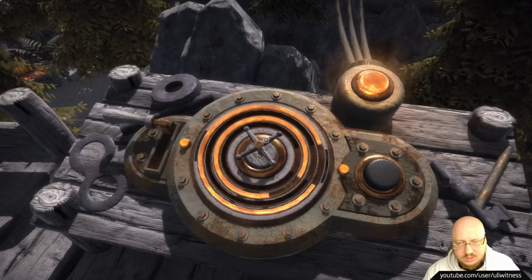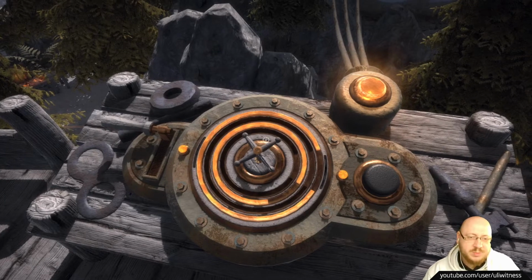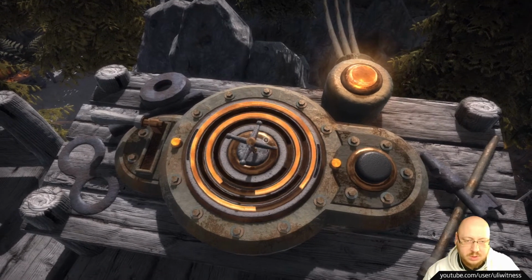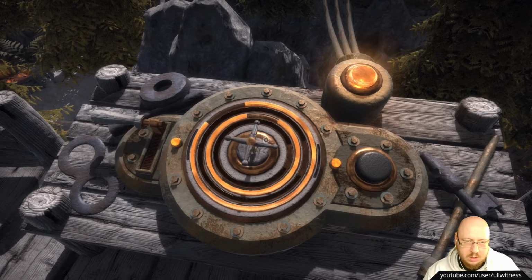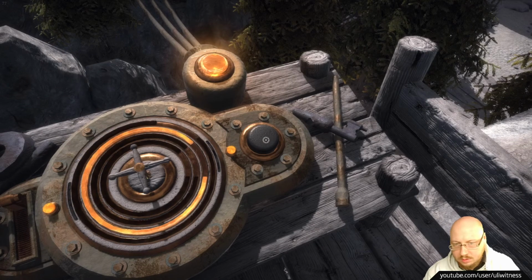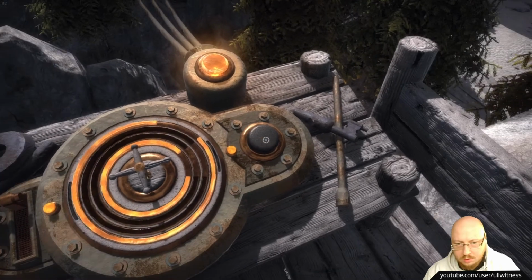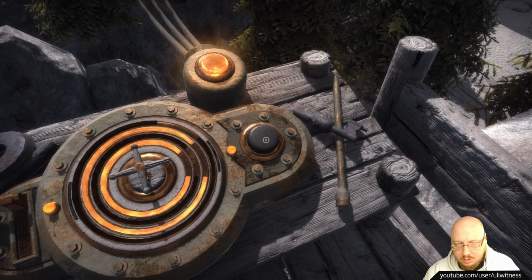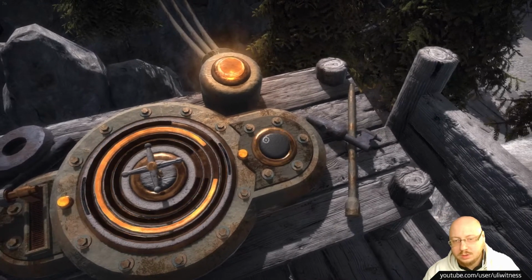I don't know what this lever is. I wish there was a backwards lever though. Right, we can use this one to move the inner one.